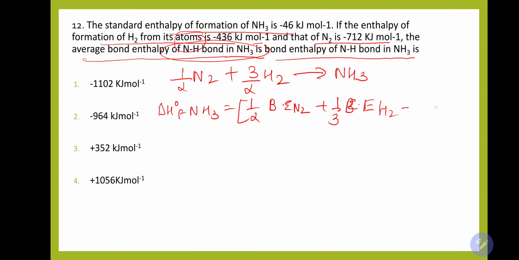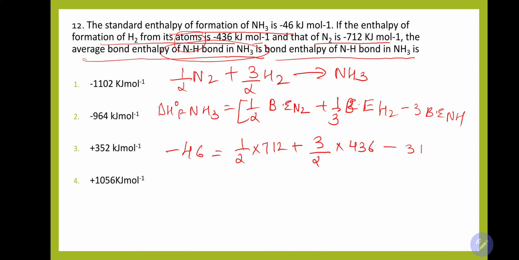Minus 3 into bond energy of NH. Now the enthalpy of formation is given as minus 46, which is equal to half into 712 plus 3 by 2 into 436 minus 3 into bond energy of NH.